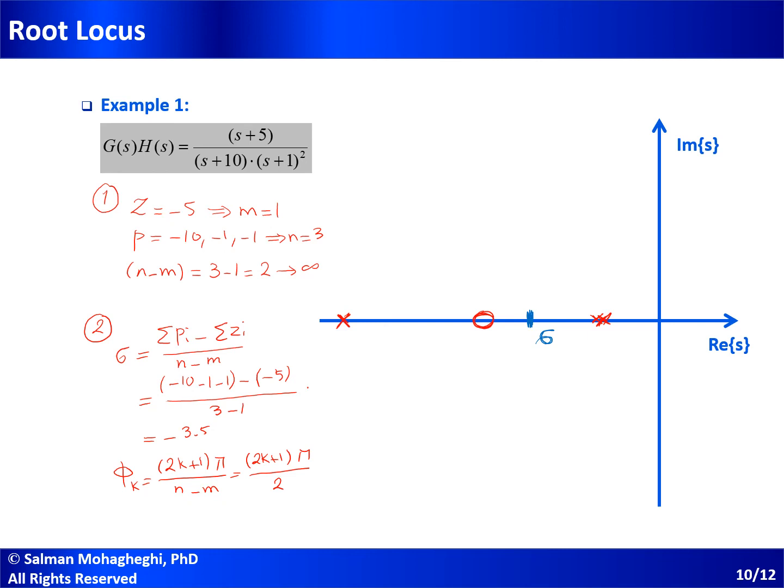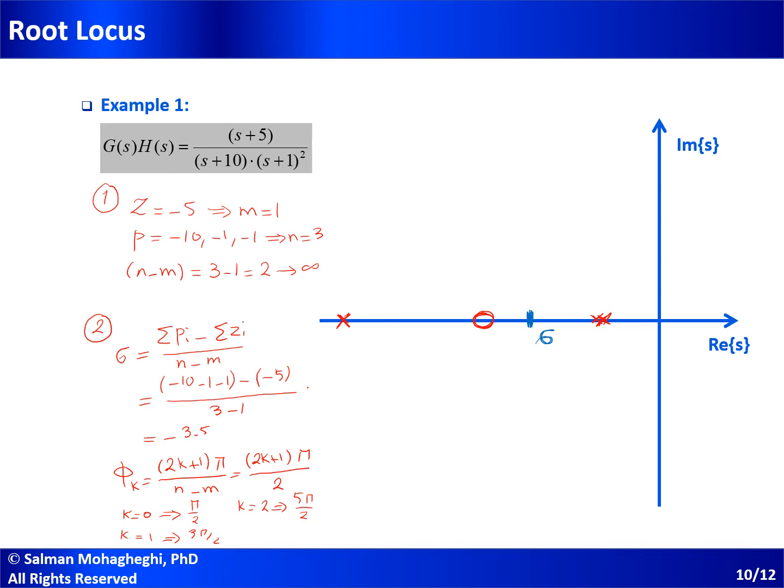So if I assume that k is equal to 0, the angle becomes 1 times pi over 2. If k equals 1, the angle will be 3 times pi over 2. If k equals 2, the angle will be 5 pi over 2.